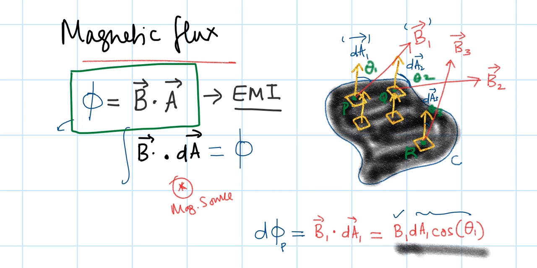From various experiments which are not mentioned in our lecture, it has been found that magnetic flux is the quantity that needs to change in order to induce an EMF through the coil which covers the region.